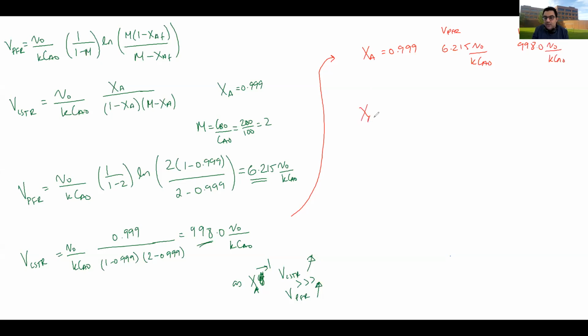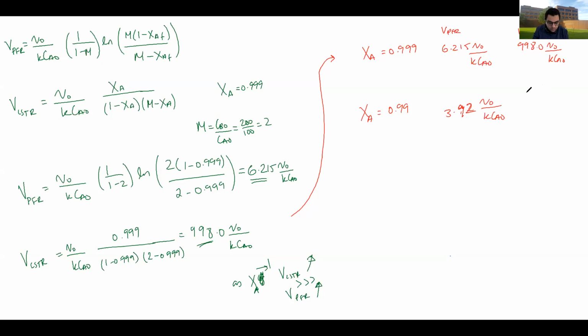If I do the same calculation for XA equal to 0.99, for the same M, so same M, don't worry about it, I get 2 multiplied by 1 minus 0.99 divided by 2 minus 0.99, then answer. And in this case, this is equal to 3.92 V naught over K CA naught.